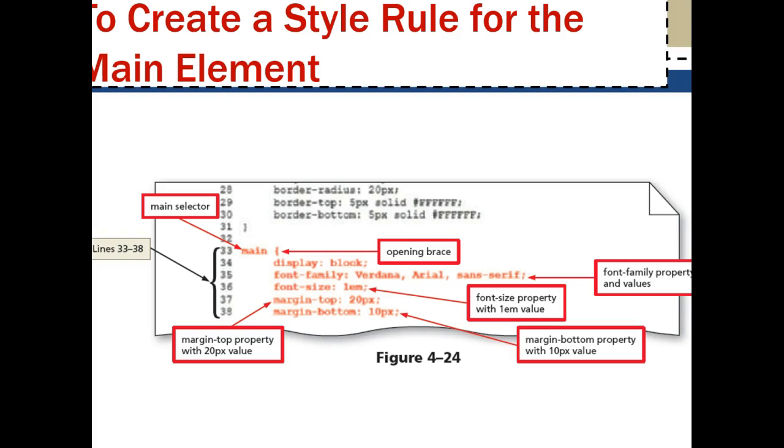So it's important that we manually display it as block, because some of the browsers might not see that. So using the display property with the value of block makes sure that the main element will be displayed consistently as a block. Again, because some of the versions of Internet Explorer may not see that as a block.